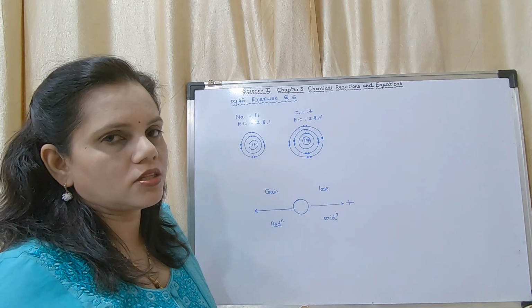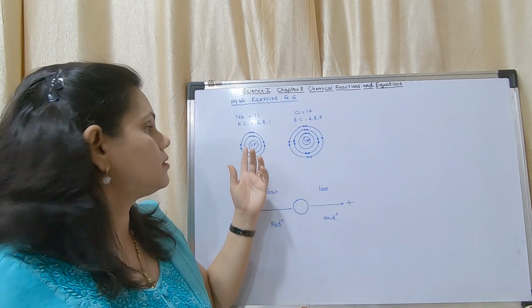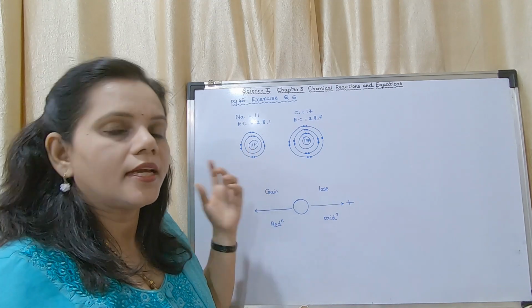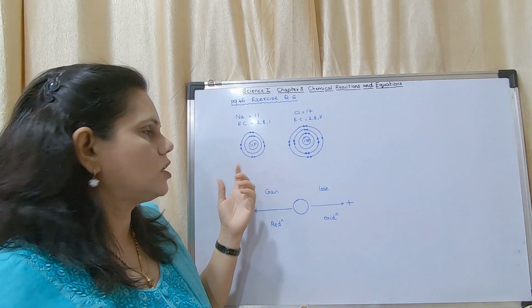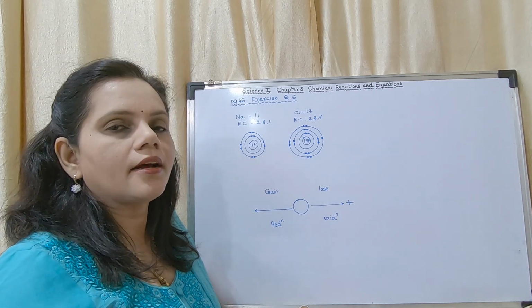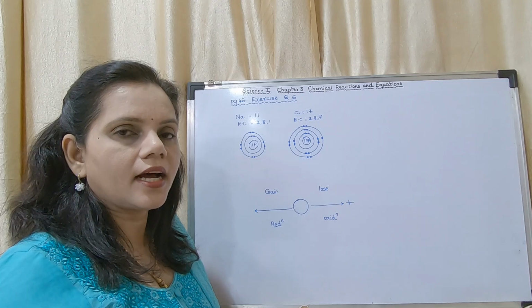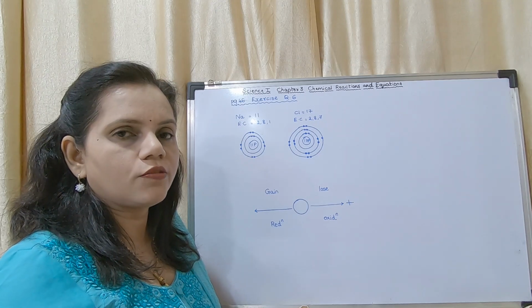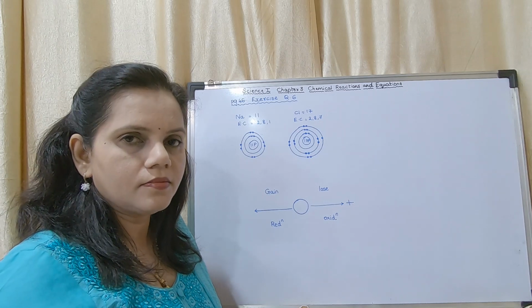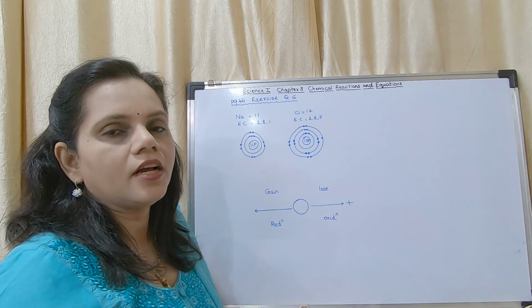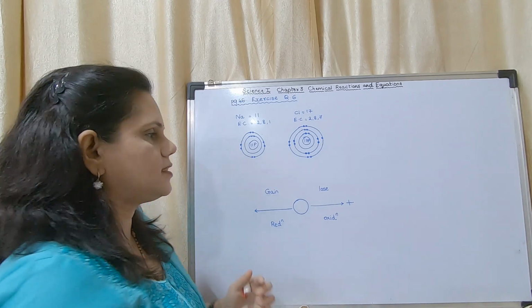It has only lost an electron. It hasn't lost the protons. It only lost the electrons. So how many protons are there? There are 11 protons. And how many electrons are there? There are 10 electrons. What is the charge of protons? The charge of protons is positive and the charge of electrons is negative. So how many positive charges are there?